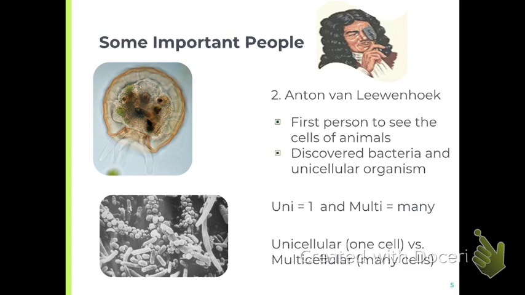After him was Anton van Leeuwenhoek. Leeuwenhoek was the first person to see cells of animals. He also discovered bacteria, which is an example of a unicellular organism. Uni means one, so bacteria is an example of a unicellular organism.